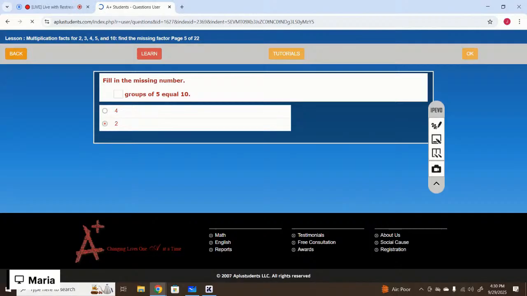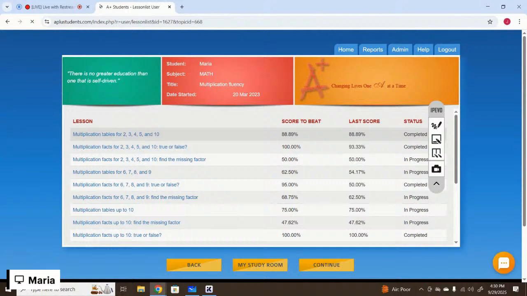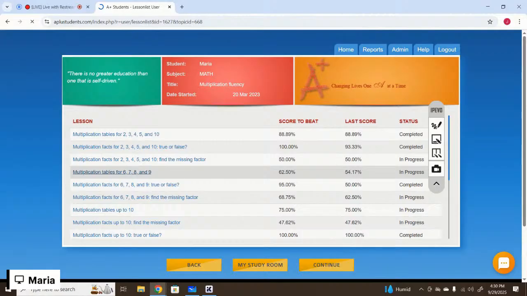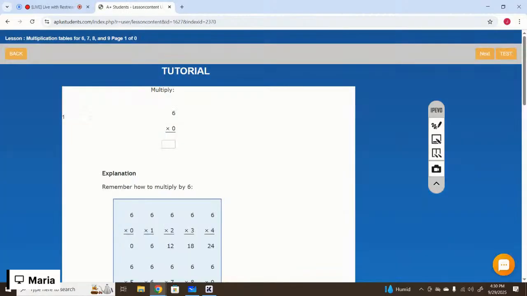Okay, you can complete the lesson by yourself later today. The next lesson is multiplication tables for 6, 7, 8, and 9. 6 times 0.